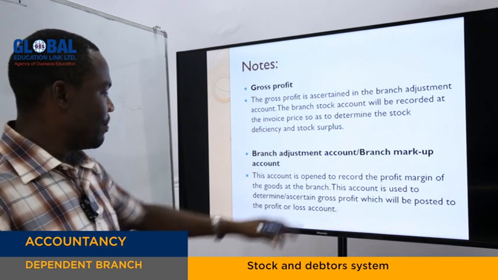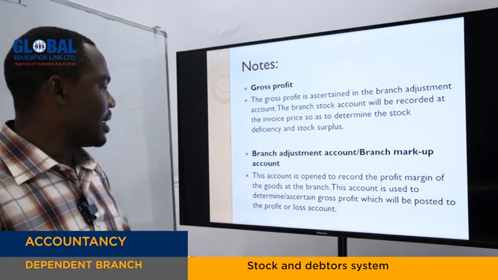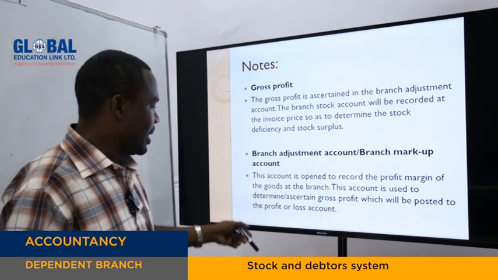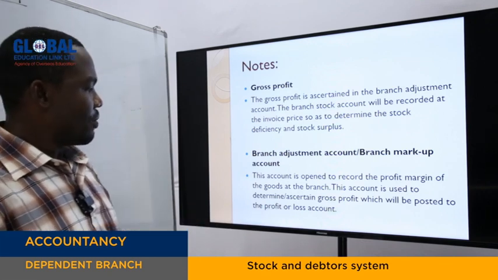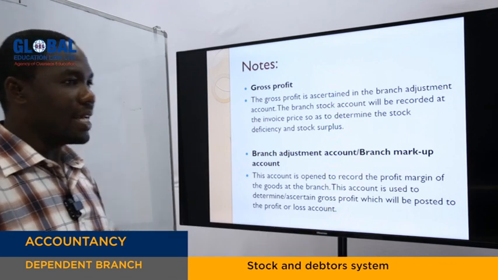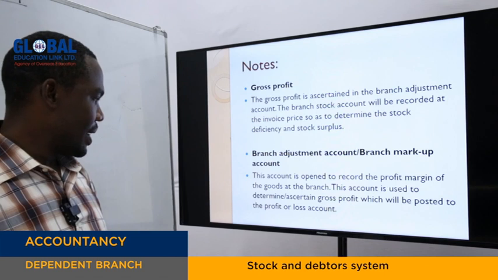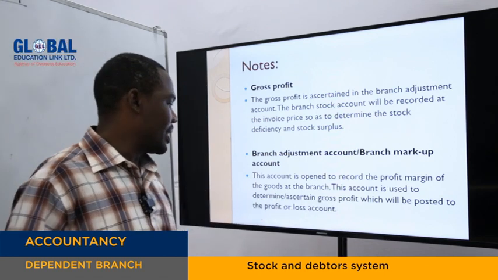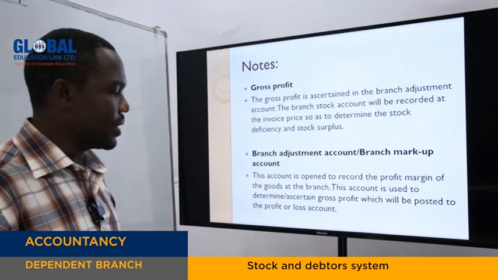And then finally, when you do adjustments, at the end you are going to debit it with the ending balance. And of course, if you adjust, you are going to determine the gross profit, and that will be the profit realized during that period. So this account is used to ascertain the profit, which will now be posted to the profit and loss account.